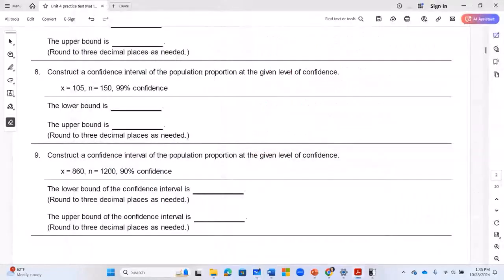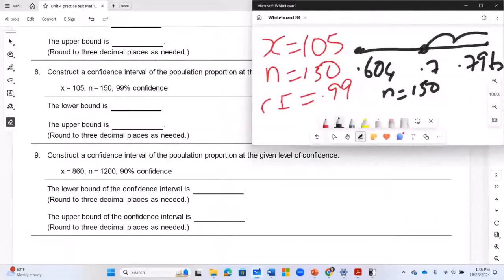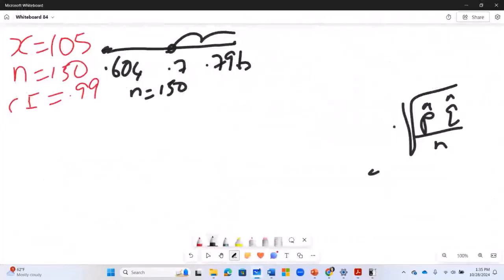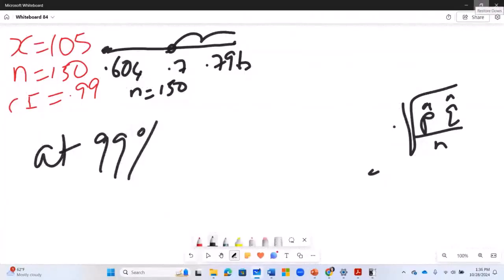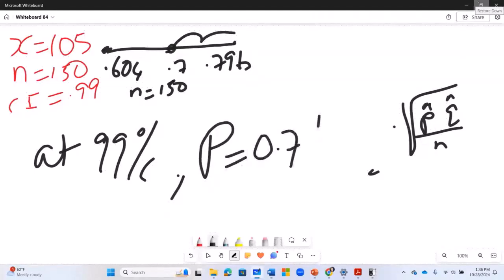And now that I found the margin of error, I can conclude that at a 99% confidence level, the population proportion is equal to the sample proportion plus or minus the margin of error.